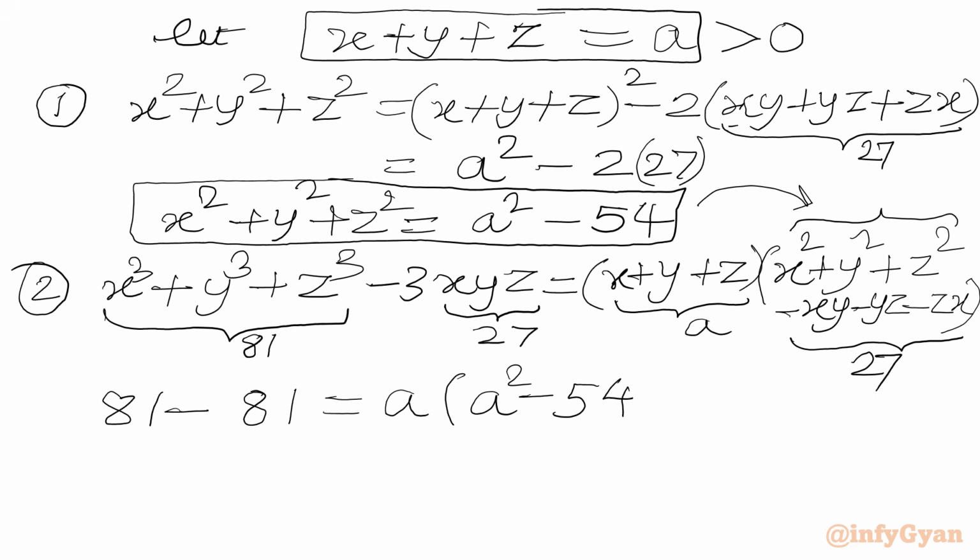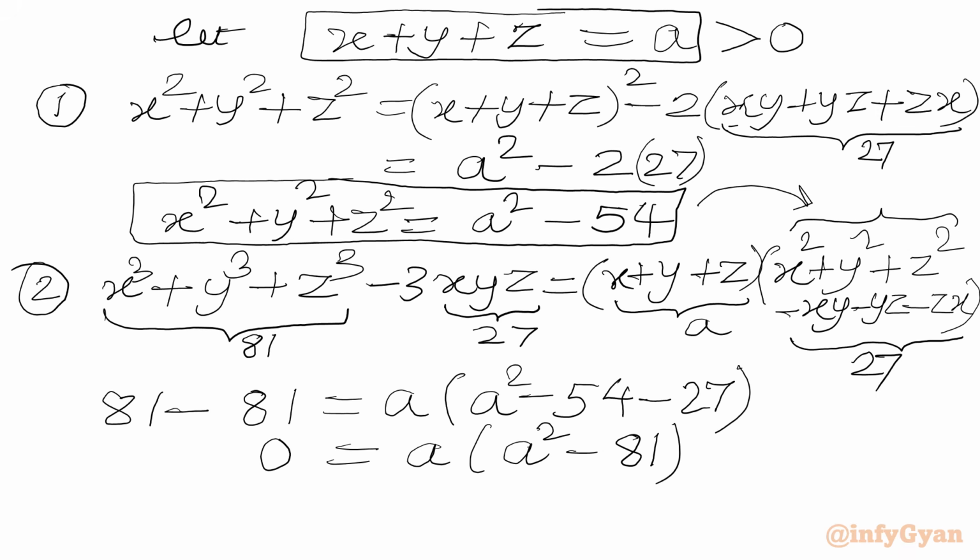Minus is common, so we can write minus 27. The LHS will give us 0. The RHS will give us a times a square minus 54 minus 27, which is a times a square minus 81. Now we can apply the product 0 rule, or we can apply the difference of two squares formula here.